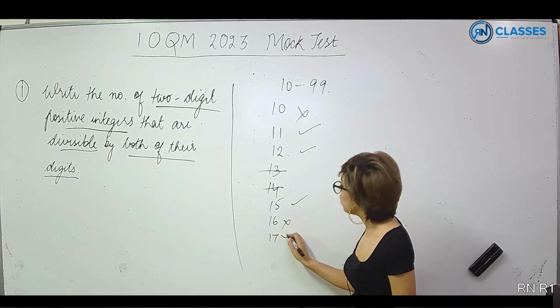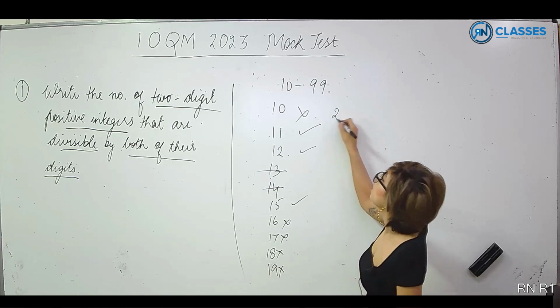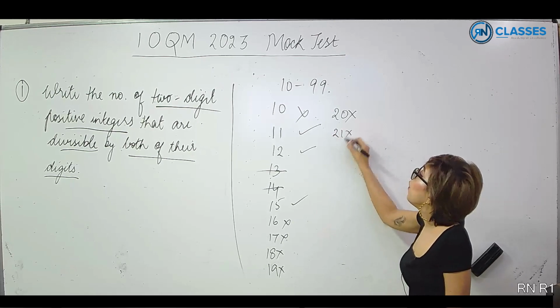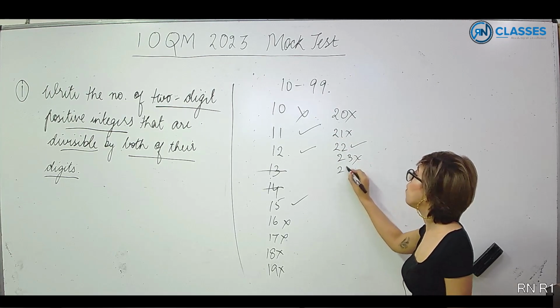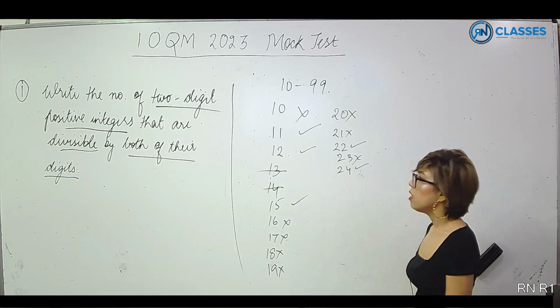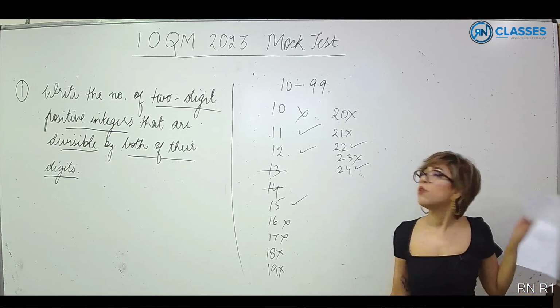Then 17, of course not. Then 18, of course not. 19, not a chance. 20, not even considered. Then 21, no. 22, yes. Then 23, no. 24, yes. Divisible by 2, divisible by 4, that is why. Just exhaust the cases and you will get the answer as obvious.